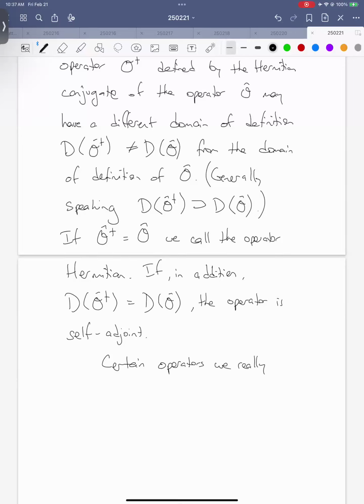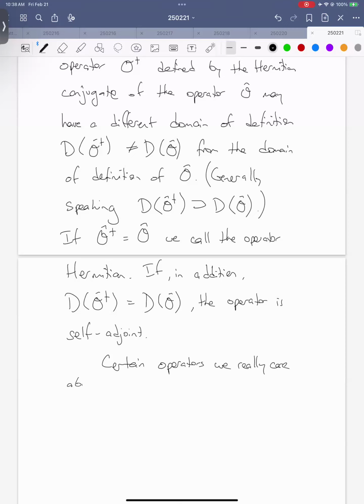Other way. So all self-adjoint operators are Hermitian, but not all Hermitian operators are self-adjoint. So you can have certain operators that we really care about.